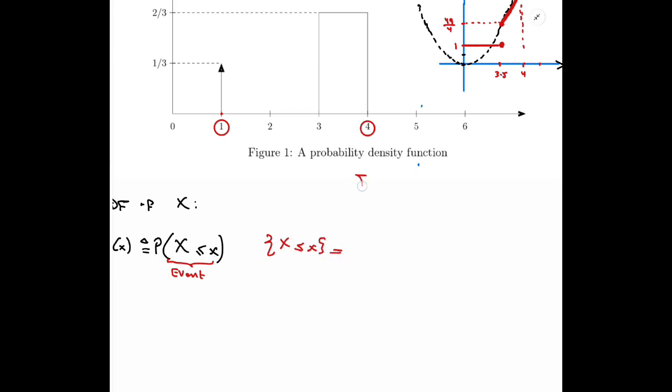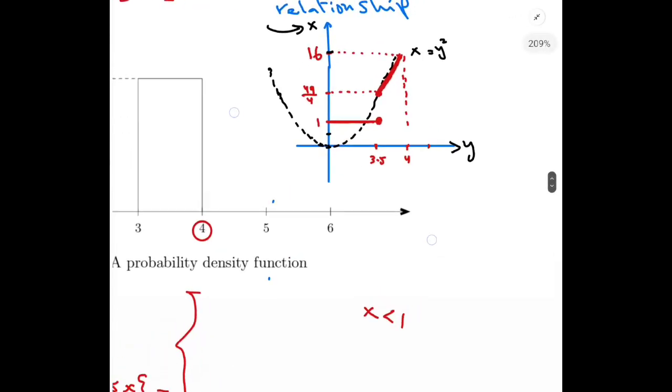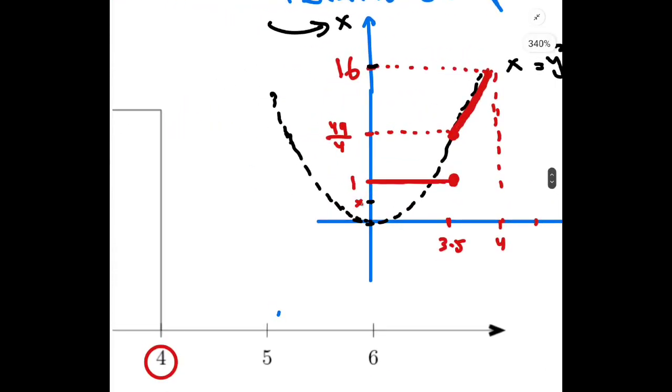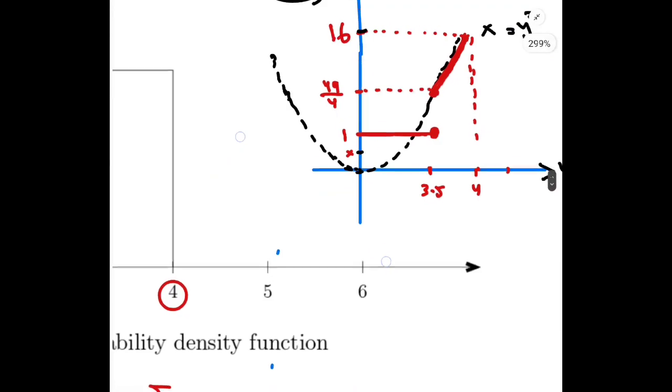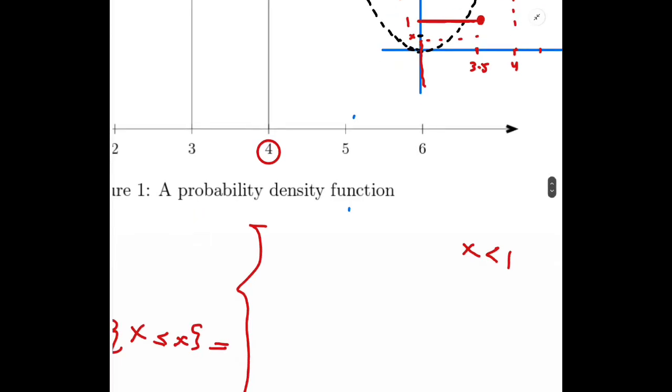Now we can break this down into multiple events. First of all, when x is less than 1, we are here. So for the event X capital less than or equal to x, there is no y mapping next to it. It means that this event is the null event.